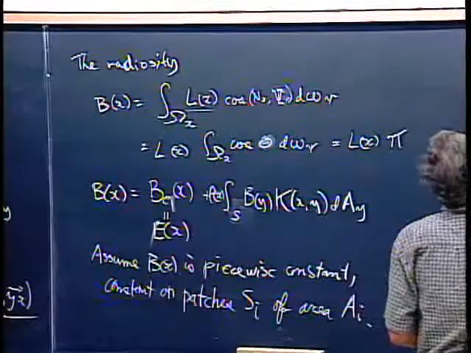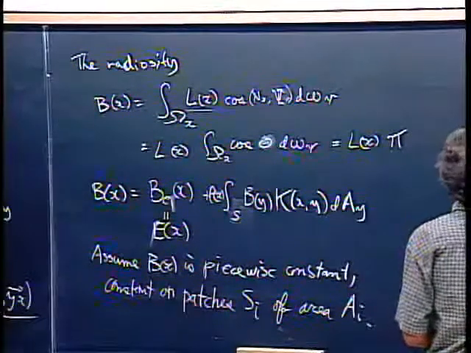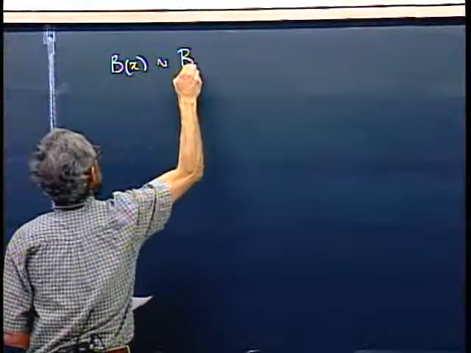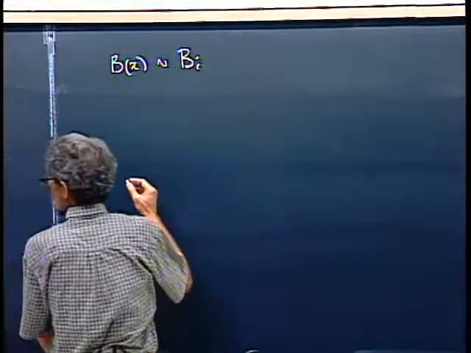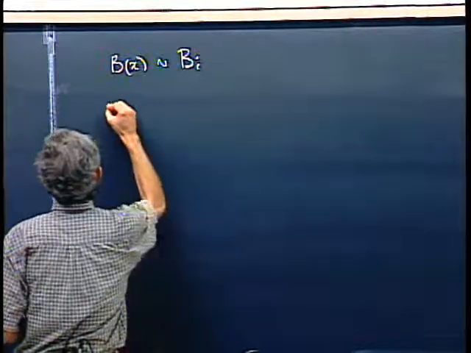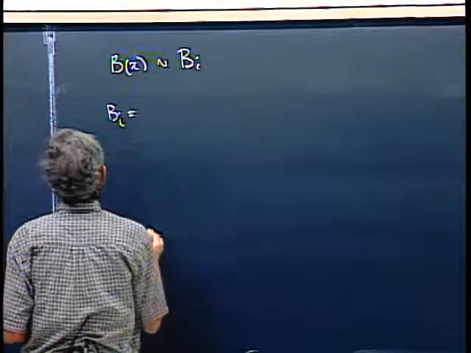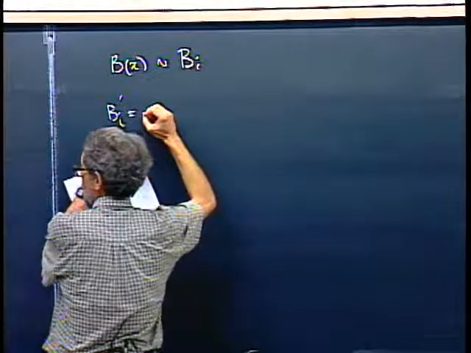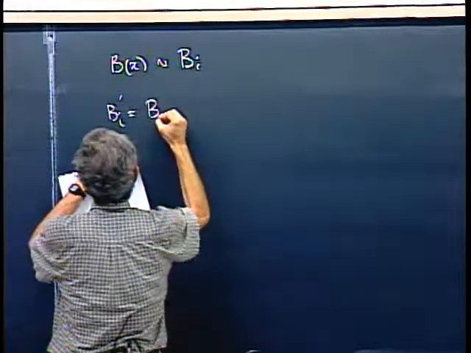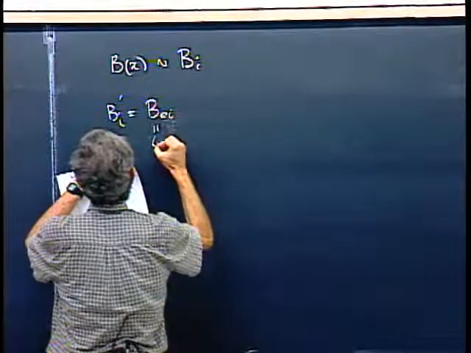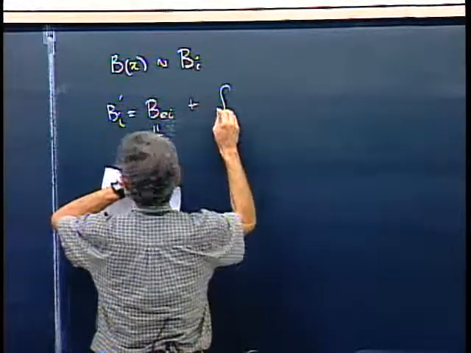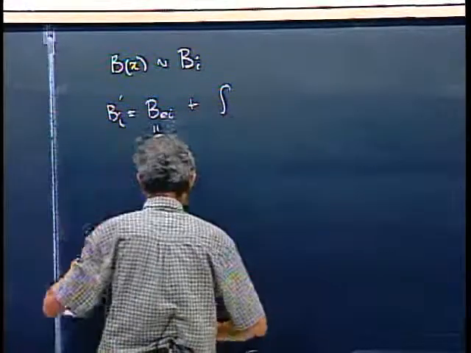Okay, so that means B of x is approximately equal to Bi, a constant on each patch. So that means we can rewrite this equation, Bi for the constant on the patch. Actually, in the book they call it Bi prime. I'll probably stop using the primes pretty soon. It goes Bei, which I'll probably start calling the emissivity of the patch, plus the integral. Well, let me put the rho.